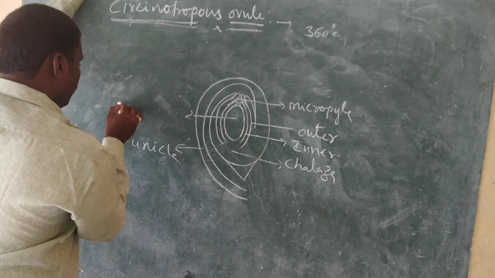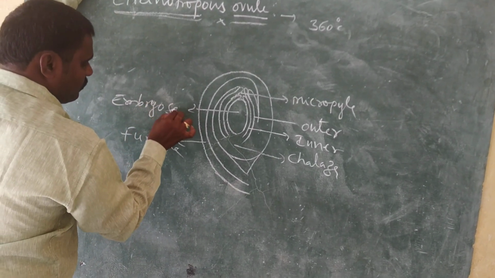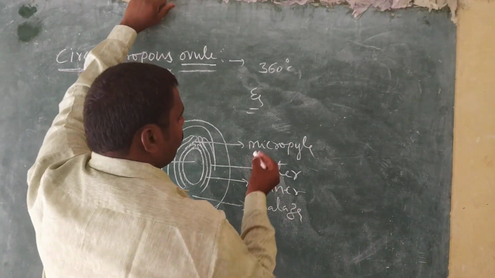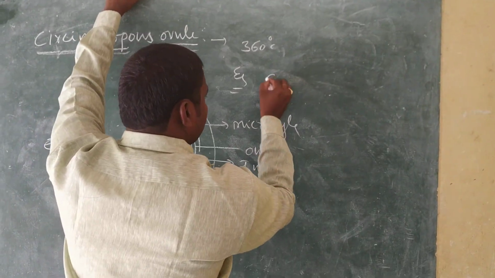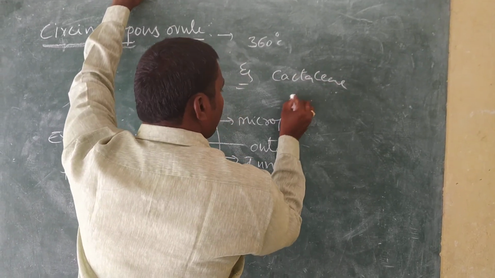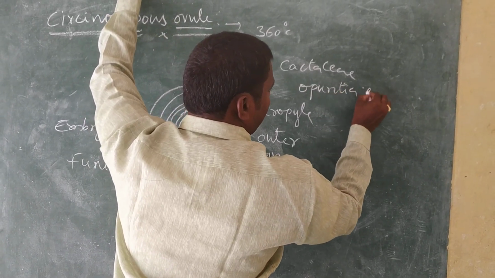This is the embryo sac. Examples: Cactaceae or Opuntia, etc.